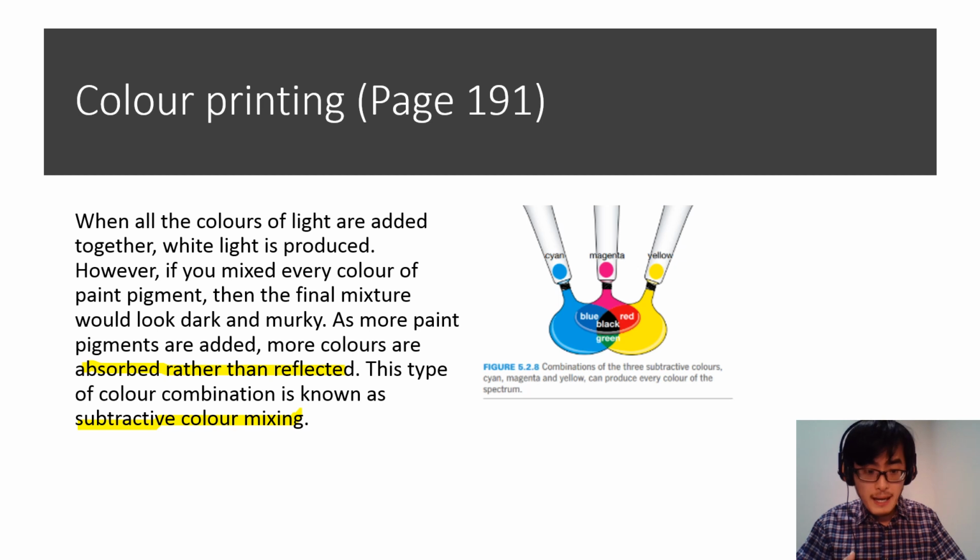To finalize today's topic on color, and to answer the question that I asked you at the start of the topic, of why the sky is red during sunset, it has a lot to do with the scattering of sunlight.